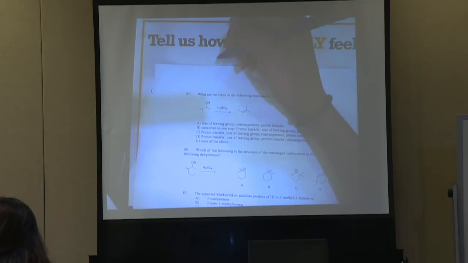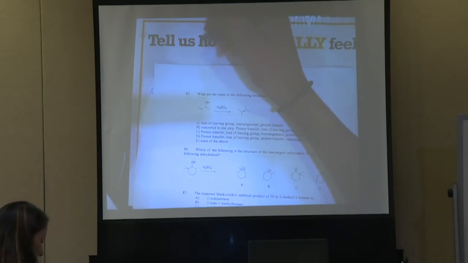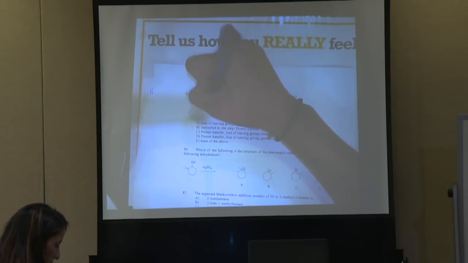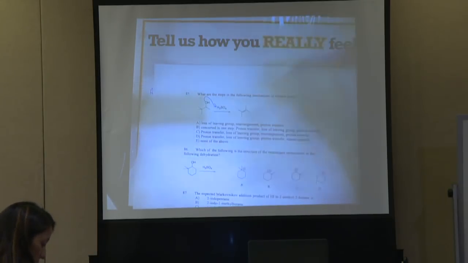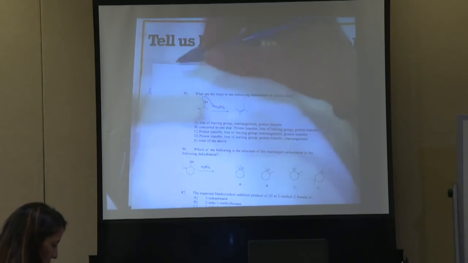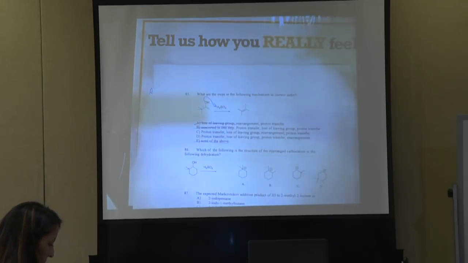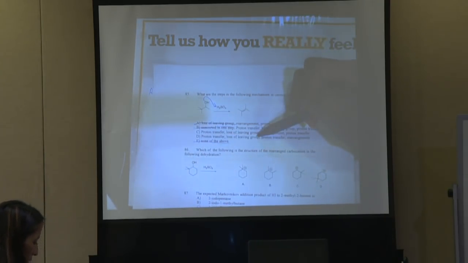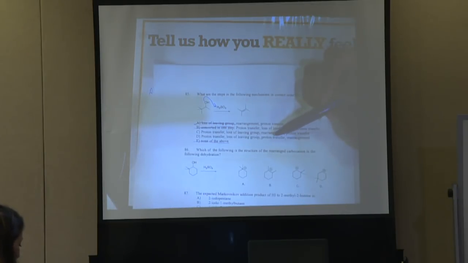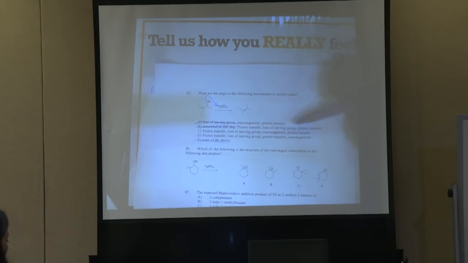Why are we doing a proton transfer? To make it a good leaving group. Okay, so the OH is going to leave. So proton transfer, loss of a leaving group, then what? Rearrangement. And then a proton transfer. Awesome.